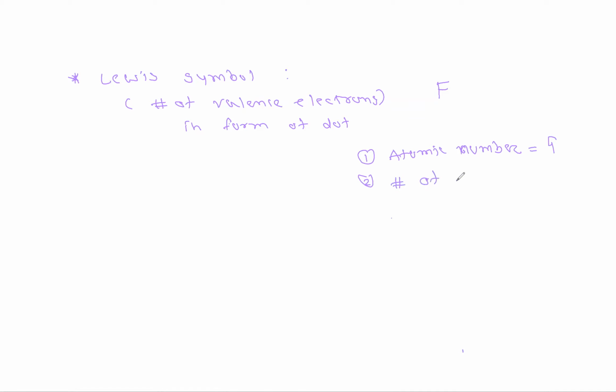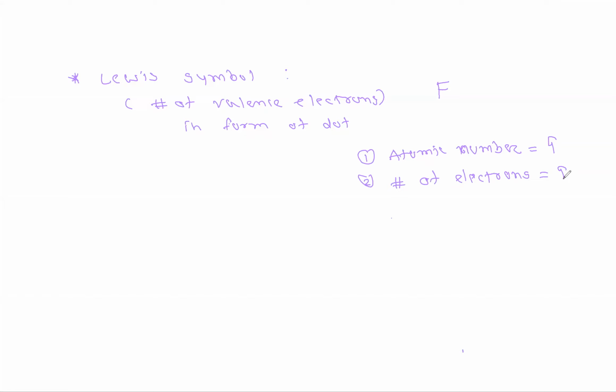How many electrons are there for fluorine? 9. Excellent. Why? Because it is an element. If it's just an element, not an ion, then the atomic number is equal to the number of protons, also equal to the number of electrons. So yes, it is 9.